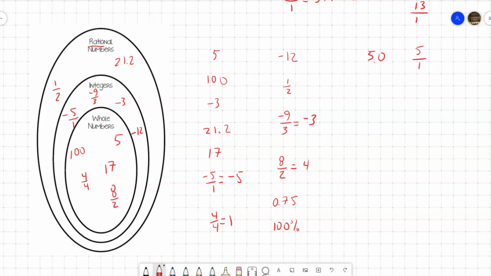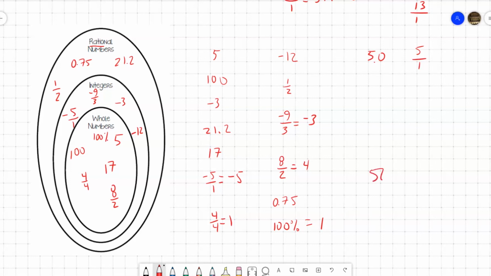75 hundredths or 75 cents, is that a whole dollar? No, of course not. Is it a whole or opposite whole? No. So 75 hundredths is going to be a rational number. 100%. If I have 100% of something, how much of it do I have? I have all of it, right? So 100% of something is one whole of whatever that item is. 100% I would put as a whole number.